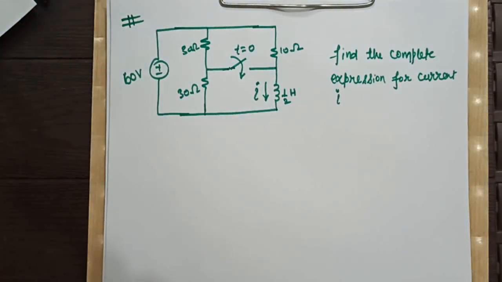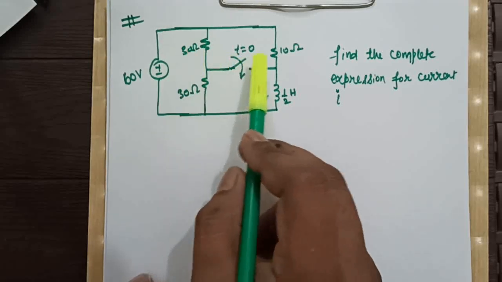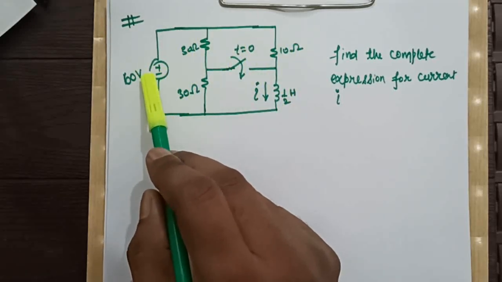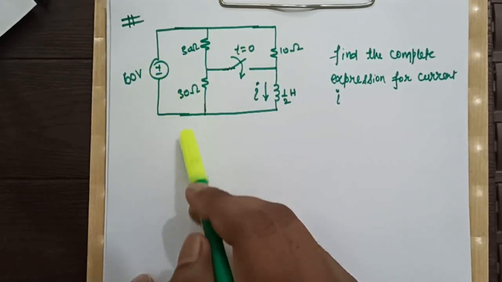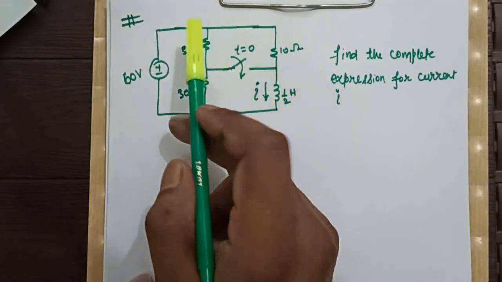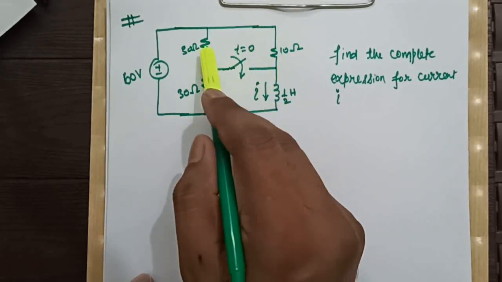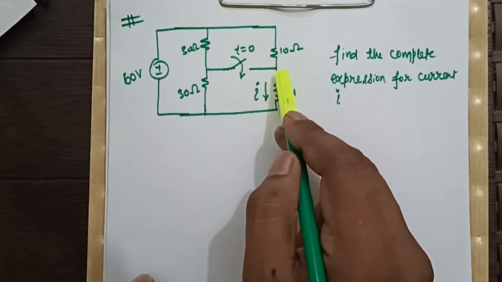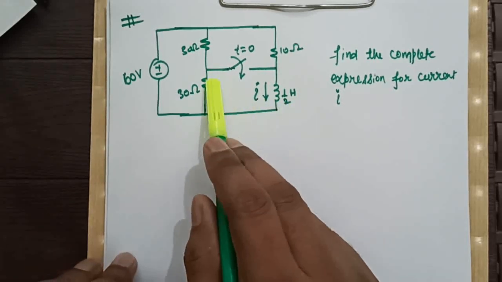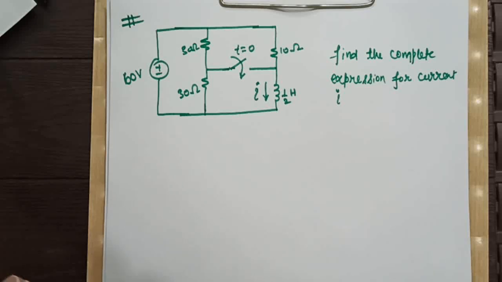But after switch operation, these two will become in parallel, and whatever current is supplied by the 60 volt source, at time t equal to infinity this will act like a short circuit, and the whole current will come here, will get divided in two parts in these two branches, and once again this whole current will go through this. No current will go in this 30 ohm resistor at time t equal to infinity. So this was the analysis.